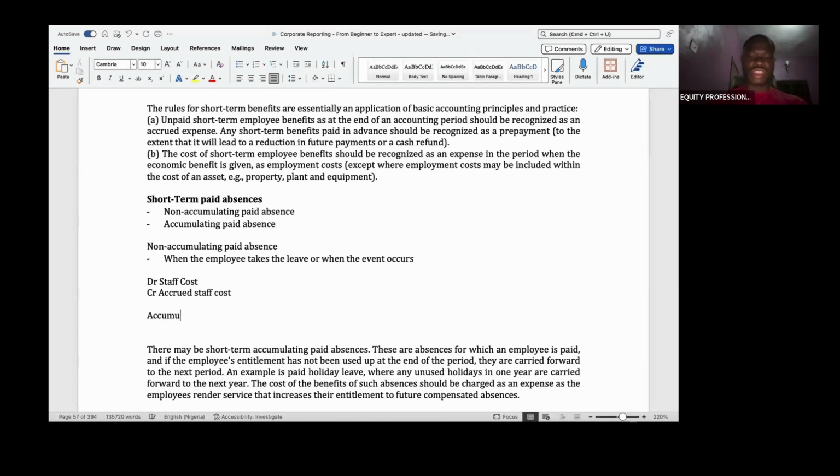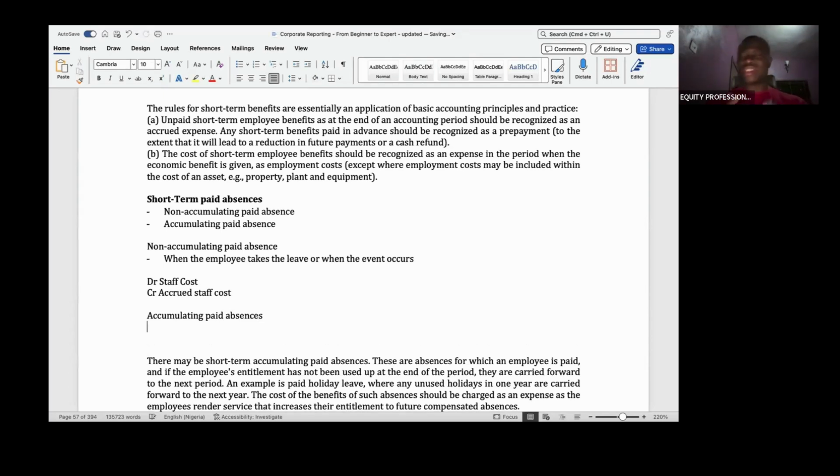The next one, which is accumulating paid absences. You see, for this one, we are saying that even if you don't take the leave this year, we will pay you. Not that we'll pay you this year, next year.